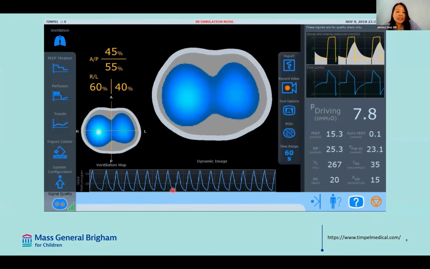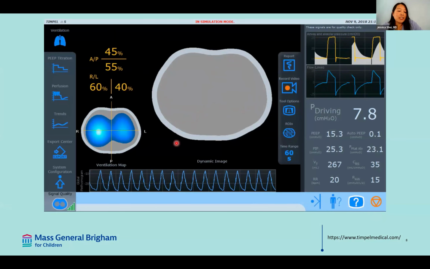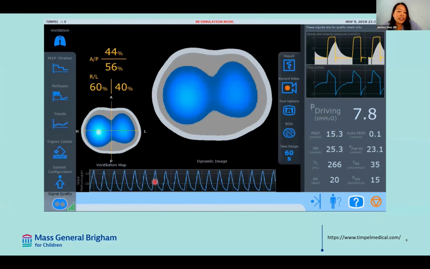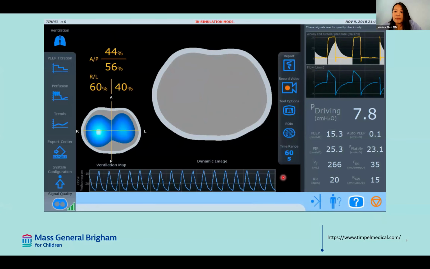In this system, it's picking up 50 images per second, and you have this global plethysmogram that incorporates these breaths, that delta we were talking about. If the patient is intubated, you can also include a flow sensor to measure ventilator parameters like your tidal volume and your lung compliance.